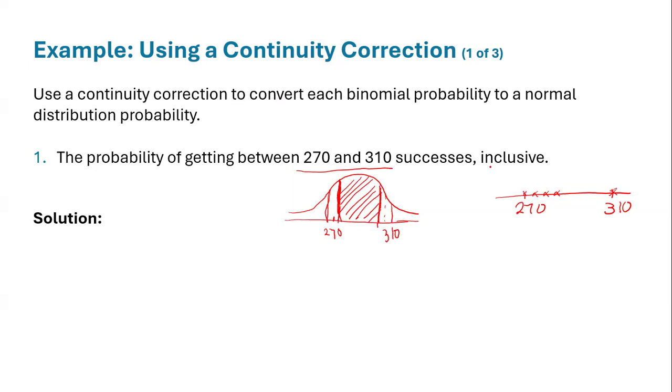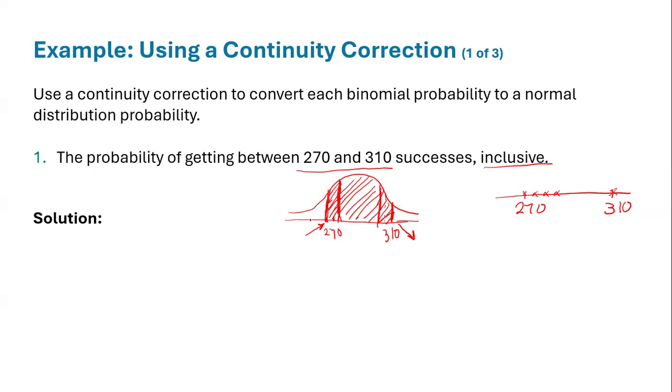But when it says inclusive, that means you want to include these numbers as well. So you want to include the bars as well. It means that your starting point is this point, and the end point of the interval is this point. And the starting point is 0.5 before 270, and the ending point is 0.5 after 310.